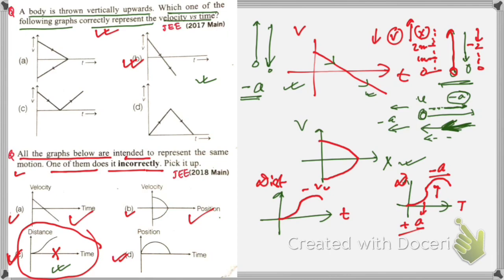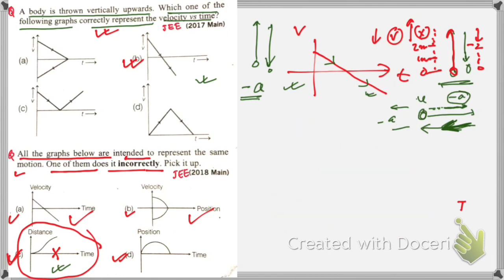So let me analyze the fourth graph also. So now you see the position and time graph. So here while it is going upward, then the position will be like this: 0, 1, 2, 3. It will be increasing, right?